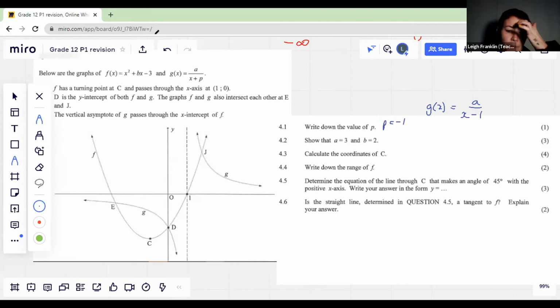Do you know, Isaiah, the coordinates of D? So, Isaiah, you're quiet now.